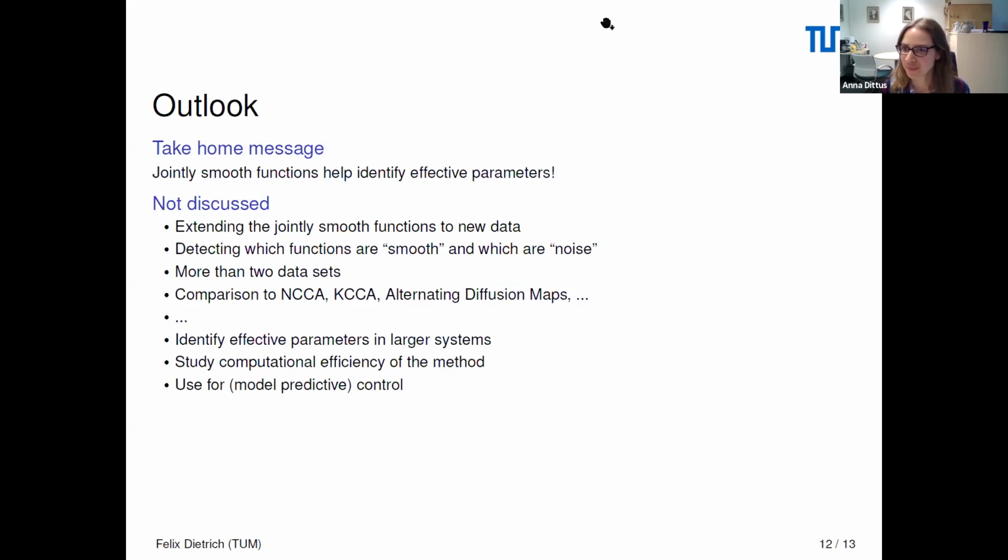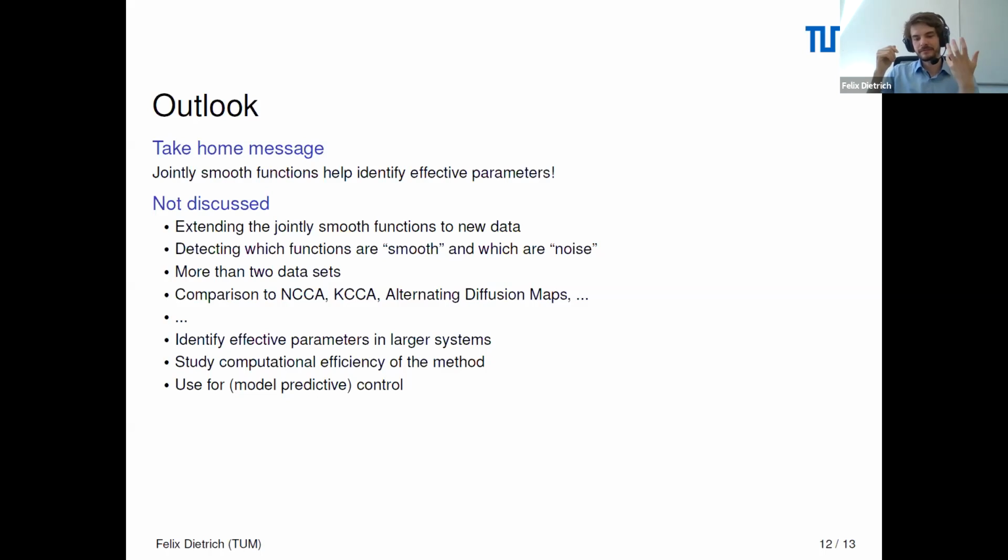During your answer, there popped up one more question by Dmitry Todorov. What would be the worst enemy of this approach? The worst enemy of this approach probably is if there's no effective parameter in the system at all, right?